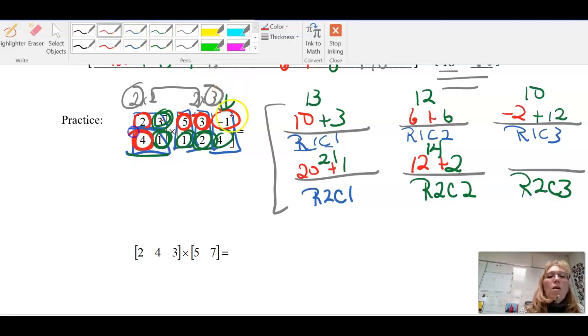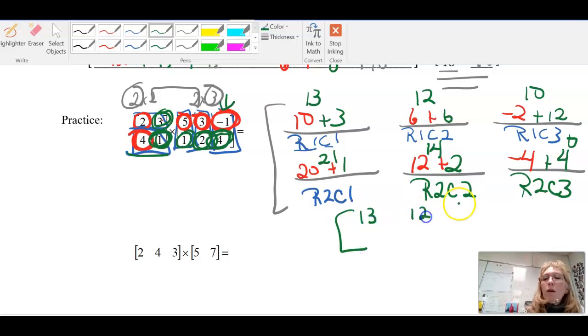We're taking 4 times negative 1, which is negative 4, plus 1 times 4, which is 4, which gives us 0. All right, so your final answer is 13, 12, 10, 21, 14, 0.